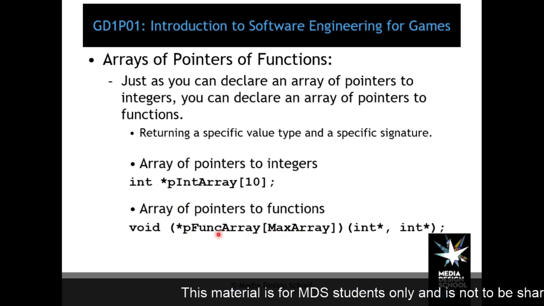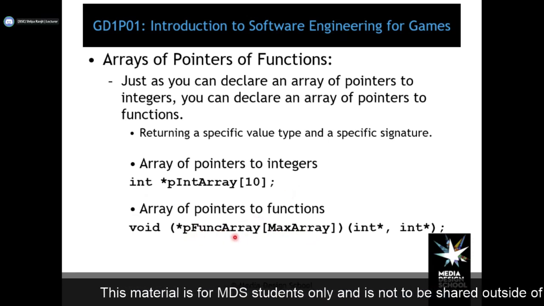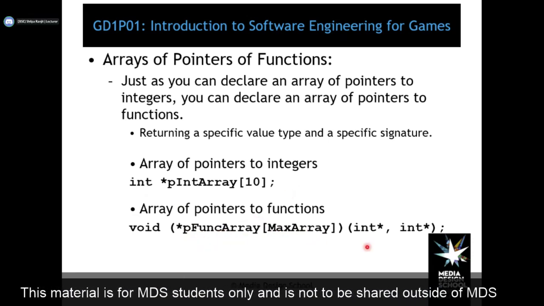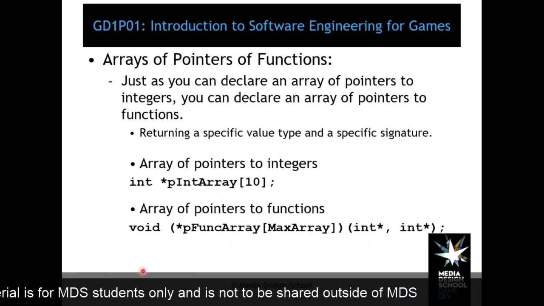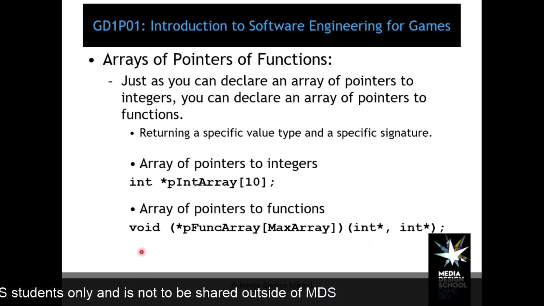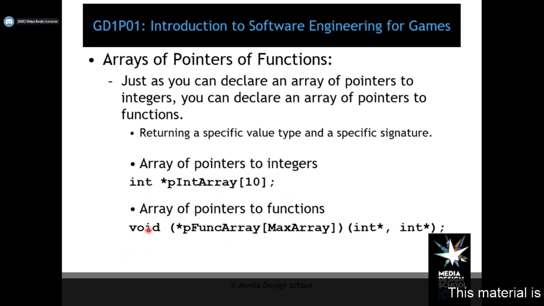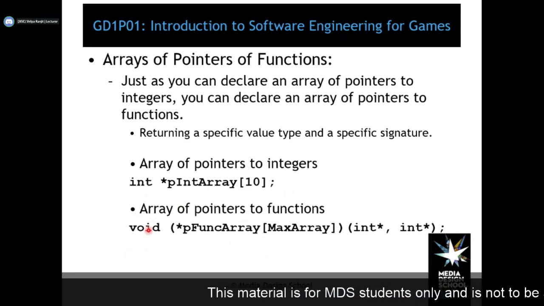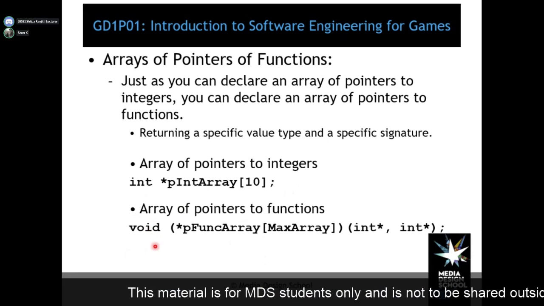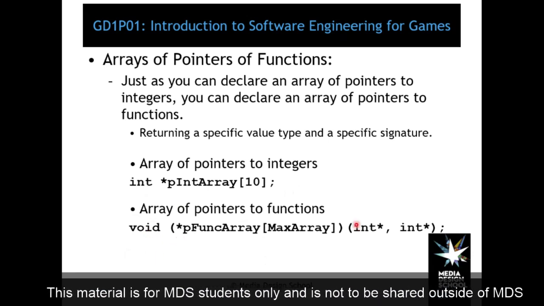This will constitute an array of size 10 where each pointer is a function pointer that holds the address of a function that takes two integer pointer arguments and returns a void data type. A void data type basically means that it does not return any data.